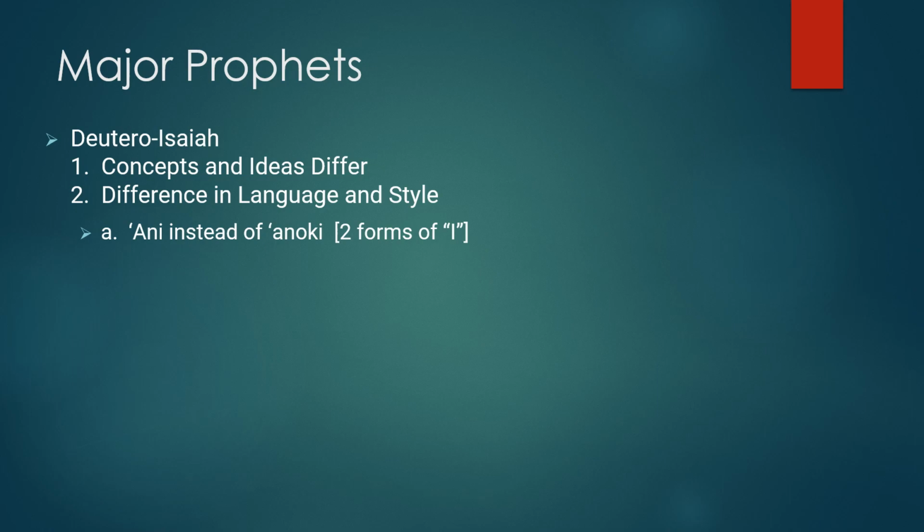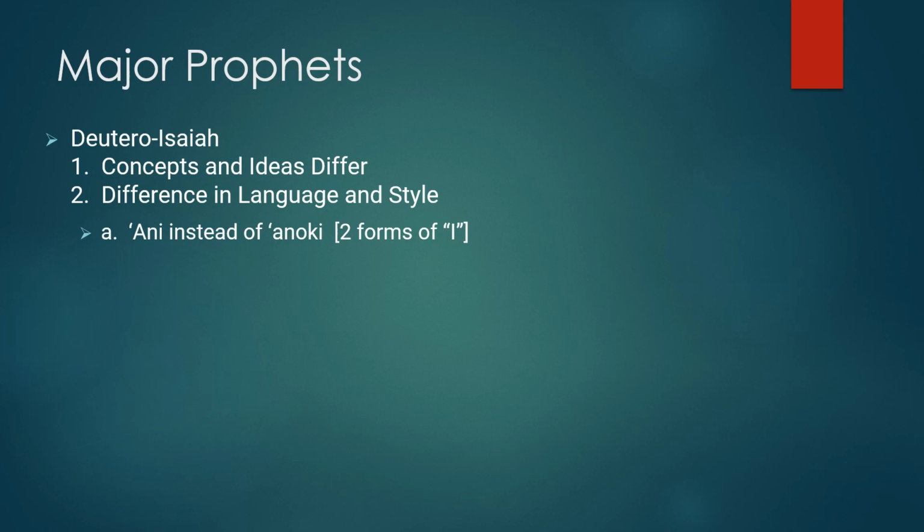So Deutero-Isaiah prefers ani instead of anoki, and that is said to indicate linguistic usage of a later time. In Isaiah chapters 40 to 66, there's a heavy use of the Hebrew pronoun ani instead of anoki, and that's supposed to reflect usage of a later time than when Isaiah is supposed to have written. They propose that kind of argument.